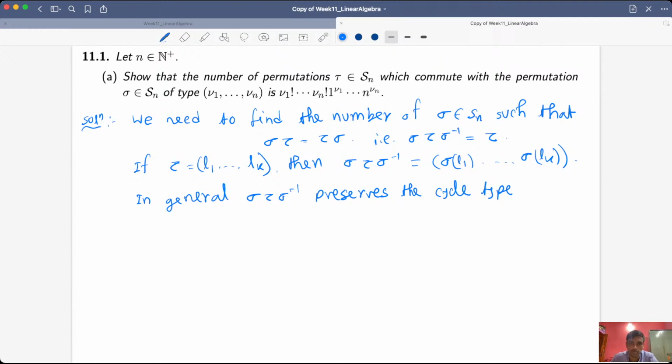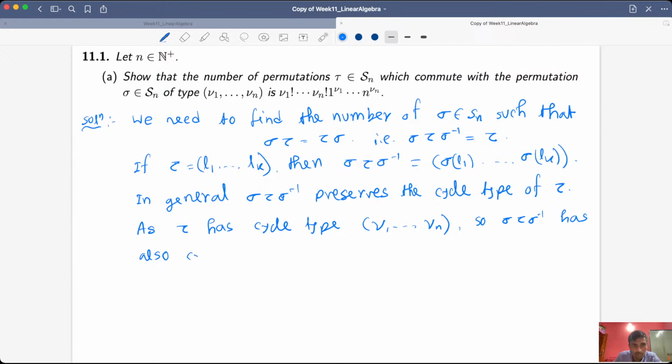Now, tau has cycle type nu 1 up to nu n, so sigma tau sigma inverse also has cycle type nu 1 up to nu n.